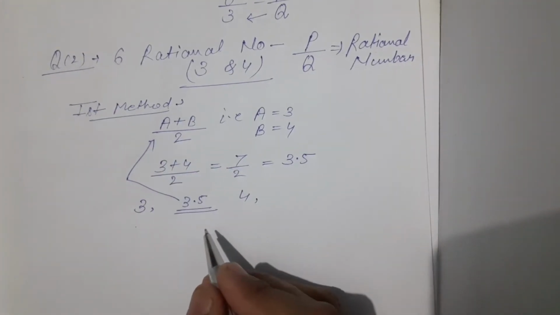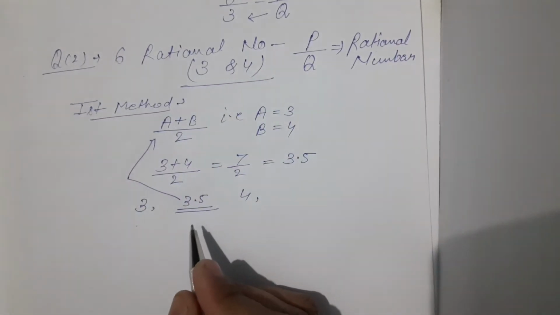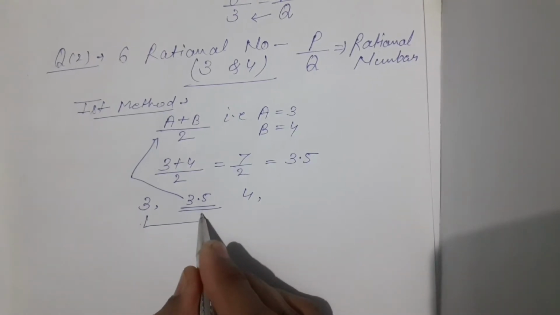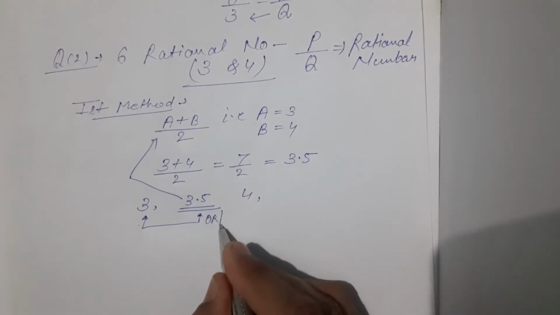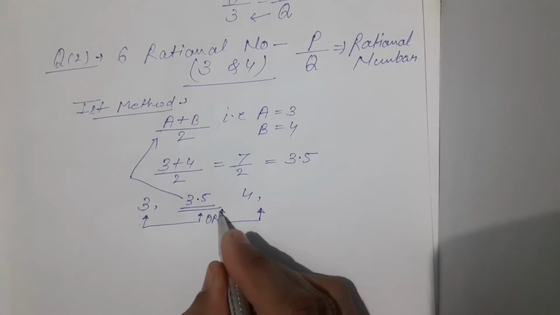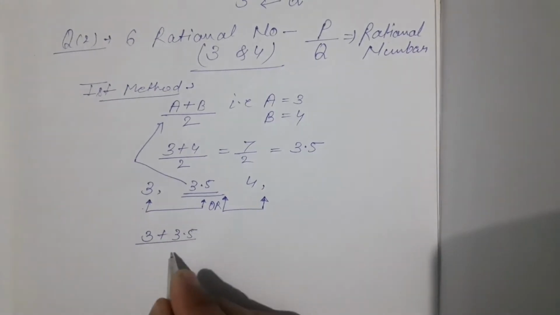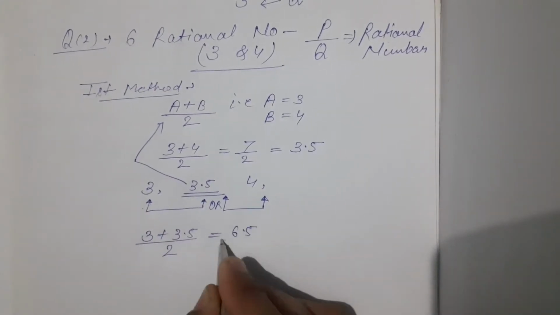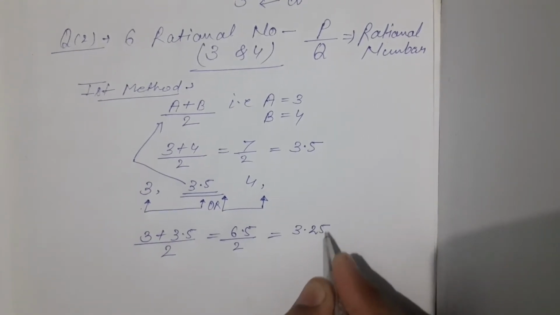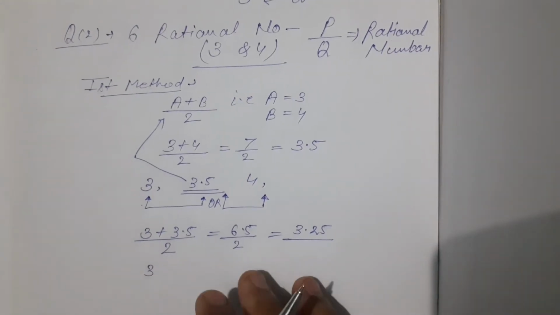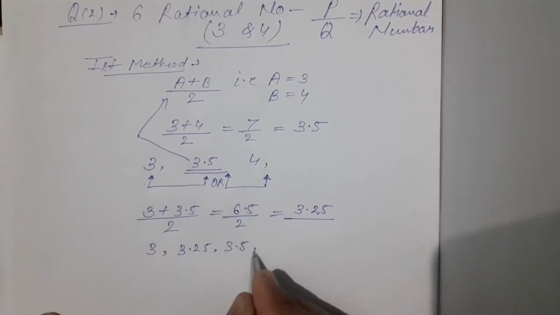Now we have to find another one, because we have to find a total of 6 rational numbers between 3 and 4. The next number can be calculated with the help of 3 and 3.5, or with the help of 3.5 and 4. Add these 2 numbers and divide by 2: 6.5 upon 2, and the number will be 3.25. Now there are 3.25, 3.5 and 4.